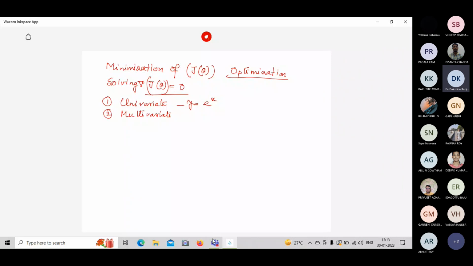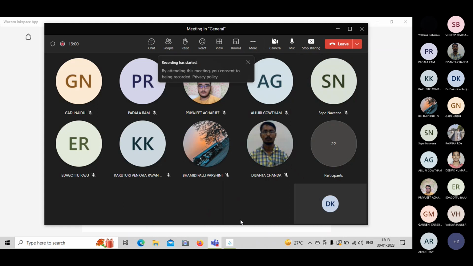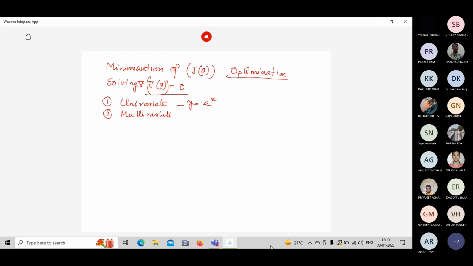So this Taylor series approximation can be used to approximate such infinitely differentiable and continuous functions.